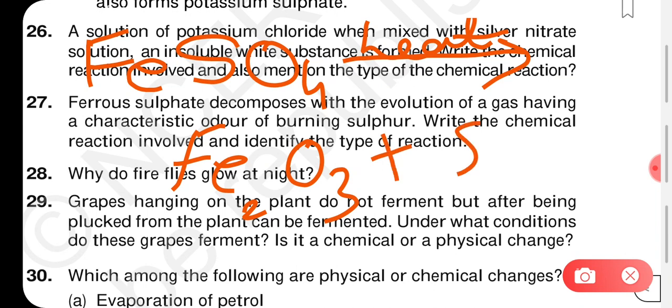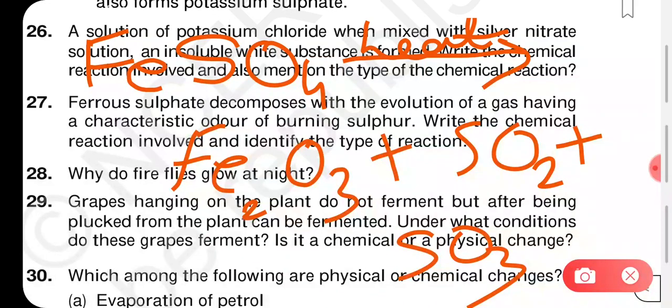Also what is formed is SO2 and SO3. Fine. So the burning sulfur's smell comes because of sulfur dioxide and sulfur trioxide. Because of that smell comes, and we have to now check whether it is a balanced equation or not.